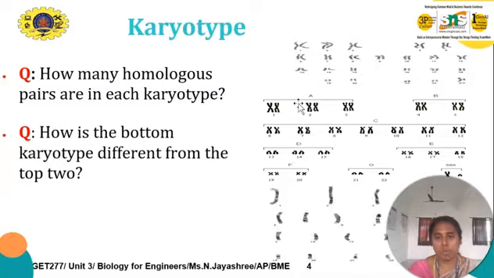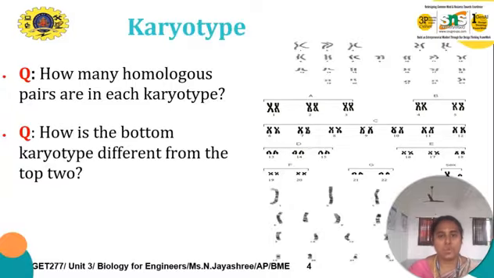These chromosomes form from the chromatin, and from this the karyotype is formed. So finally, all human beings contain 23 pairs of chromosomes in every human body.